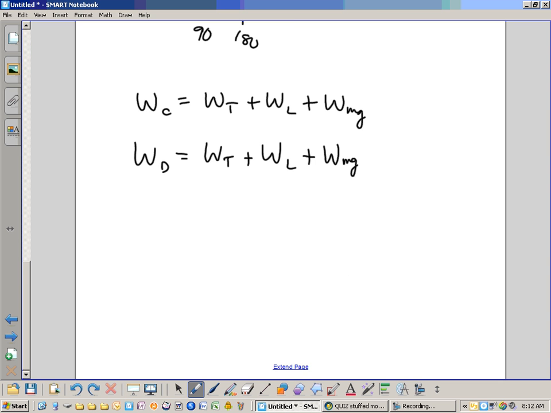We know if we compare these that that's the same as that, that's the same as that. In the case of the climb, this is negative. In the case of the dive, this is positive. So in which case is the amount of work done going to be greater? It has to be in the dive.